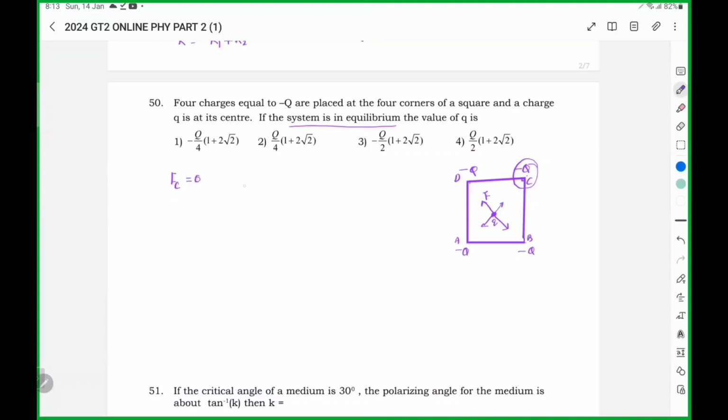That is here one force. Here these two forces, both charges are negative, they get repelled. So this is F1.